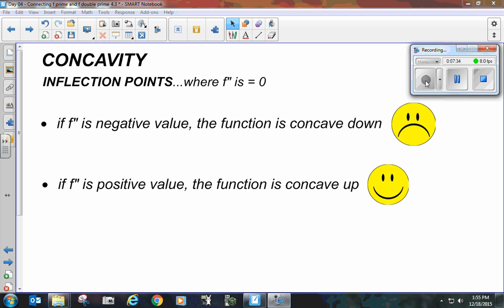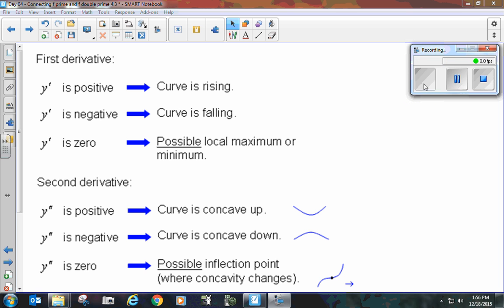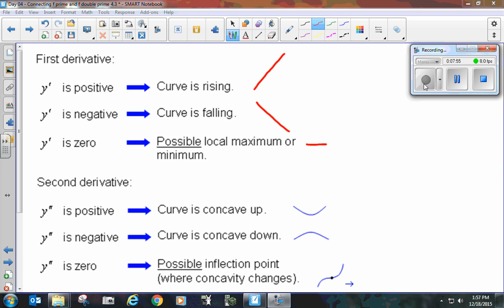All right? So, first derivative, when it's positive, the curve is rising. When the first derivative is negative, it's falling. So, up like this, down like this, okay? It's a possible location for a minimum or maximum when it's equal to 0. So there might be a horizontal slope there, which might possess a max or min, okay?